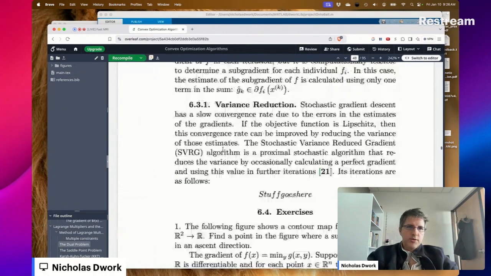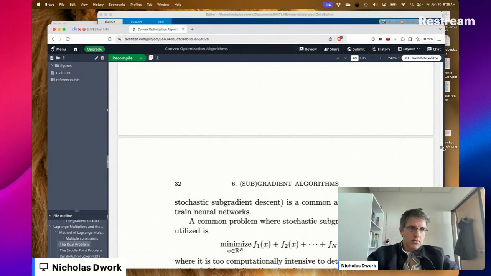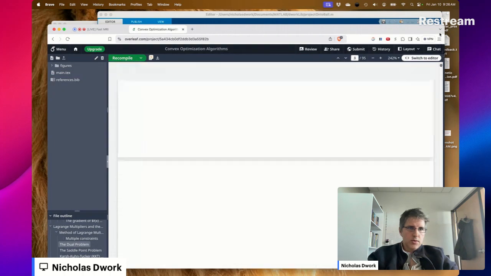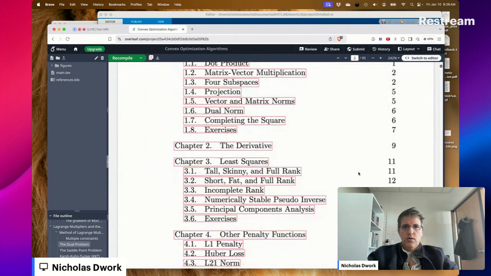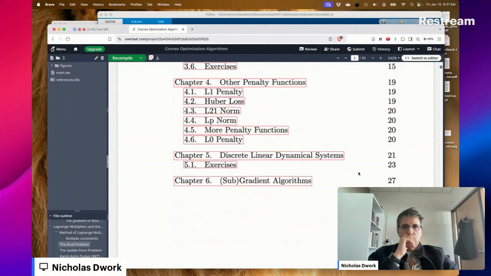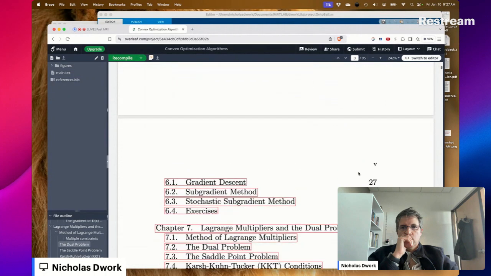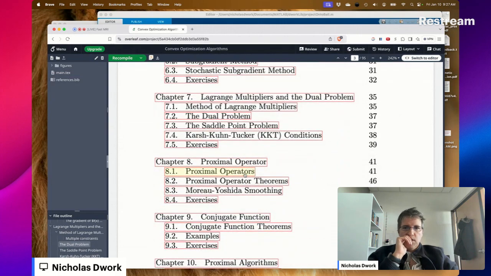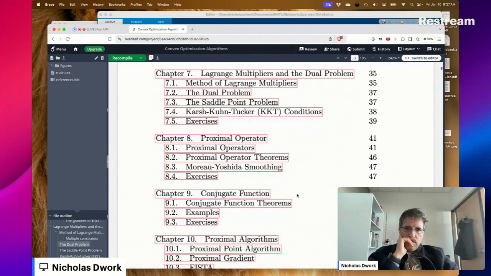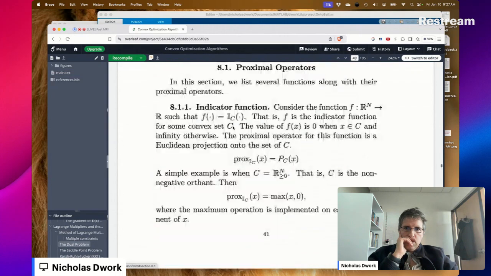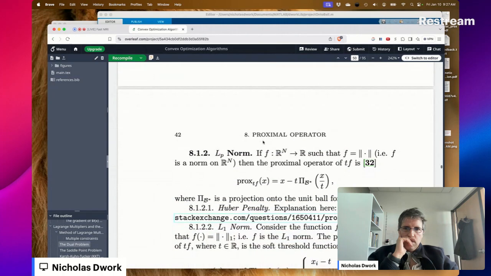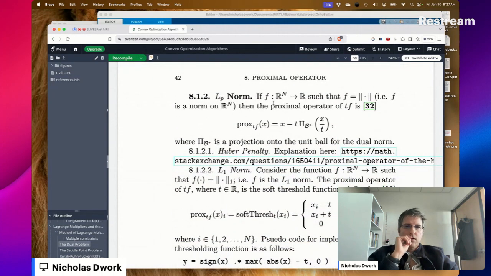So I've been storing notes. I have a bunch of notes. Proximal operators. Okay. LP norm.